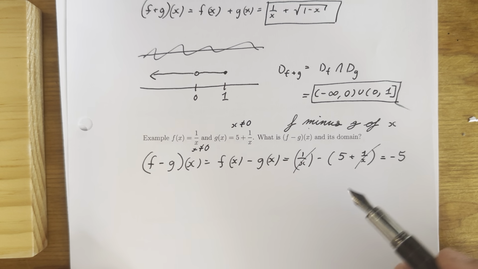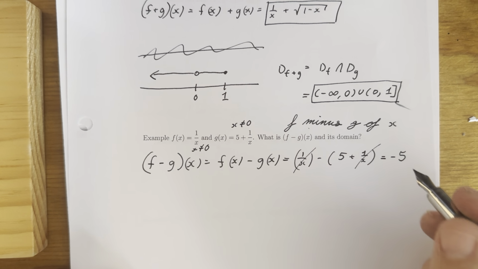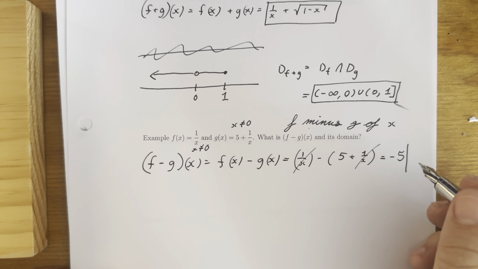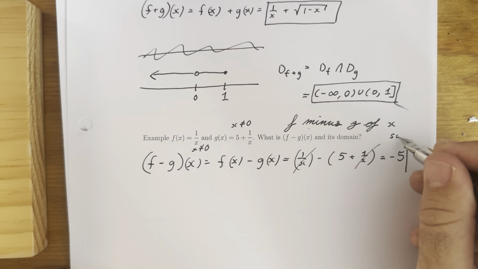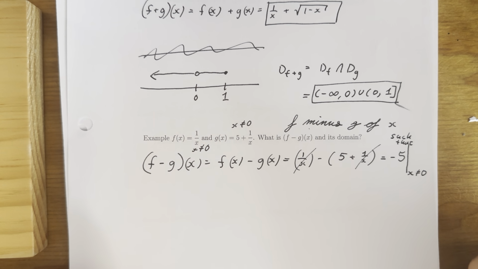But the 1 over x term dropped out when we added them together. So we need to include a little line here. This line means such that. That's what that line means. And so we'd say such that x does not equal 0.